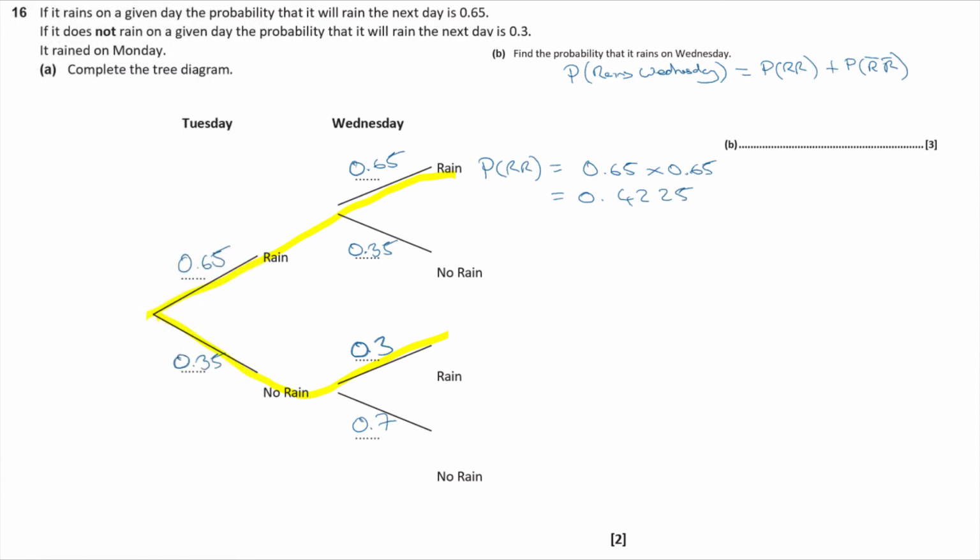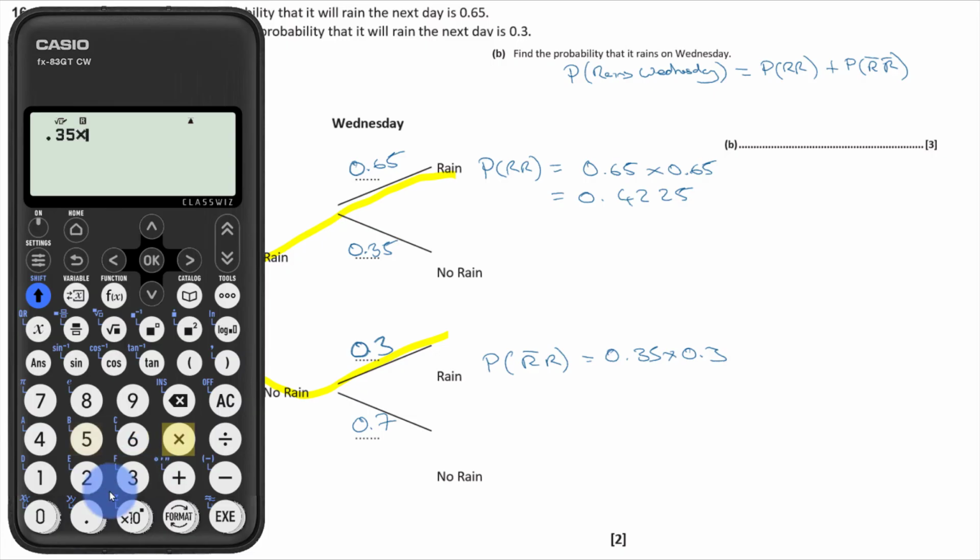Okay, and then the probability of not rain, that's going to be 0.35 times 0.3. What's that then? 0.35 times 0.3, that comes out to be 0.105.